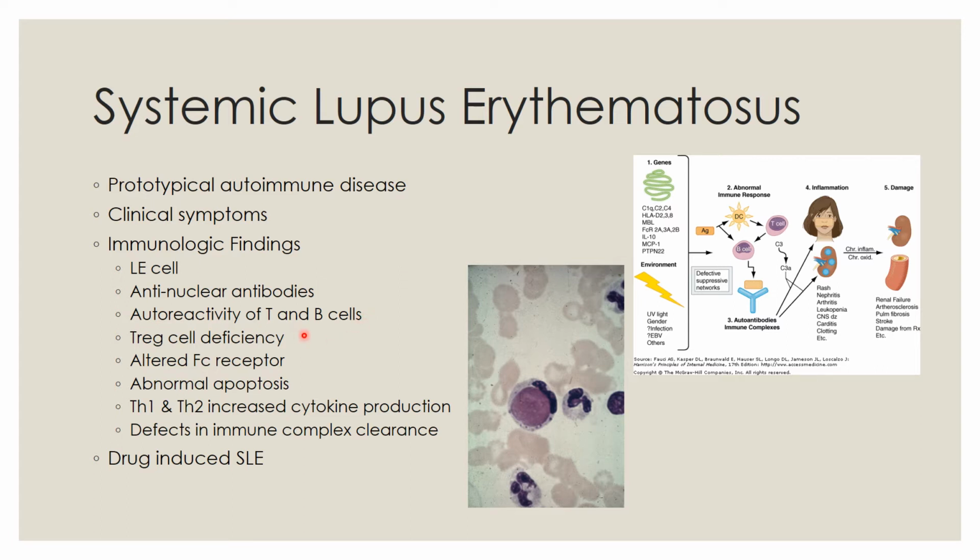And that probably relates to the T regulatory cells, a deficiency in those cells. Okay, what they have found through studies is that the T regulatory cells that are present in these patients seem much more sensitive to apoptosis than in a healthy patient. So they're much more likely to be triggered to self-destruct, apoptosis, die on their own than an otherwise healthy patient. So that's one of the problems.